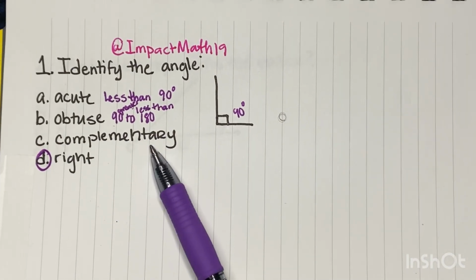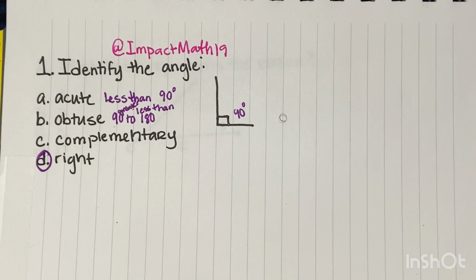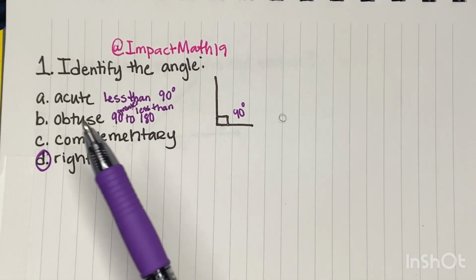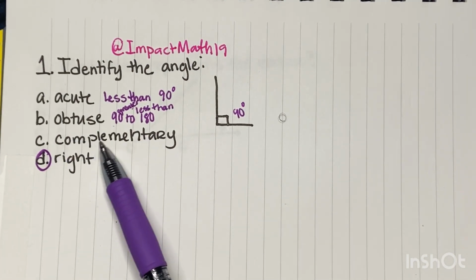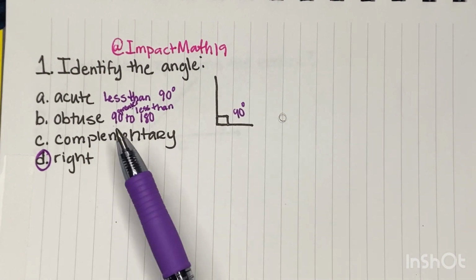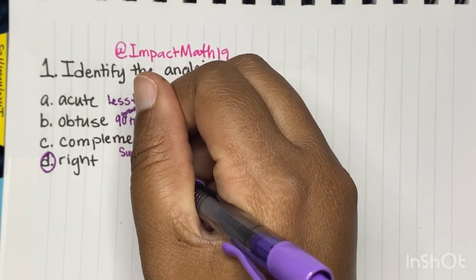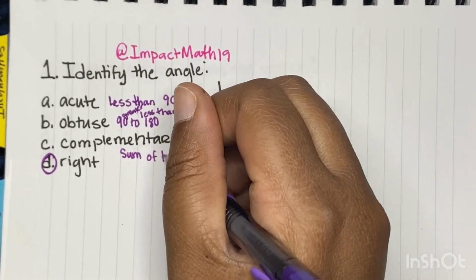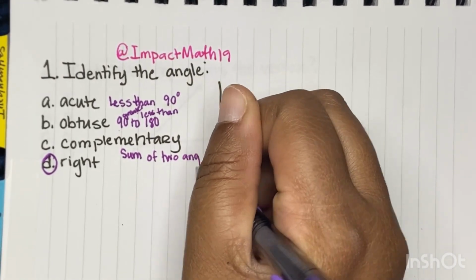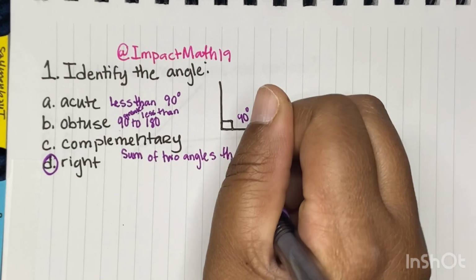Now, complementary, some people might get confused and circle complementary, but what complementary means is 90, but it's the sum of two angles that add up to 90.